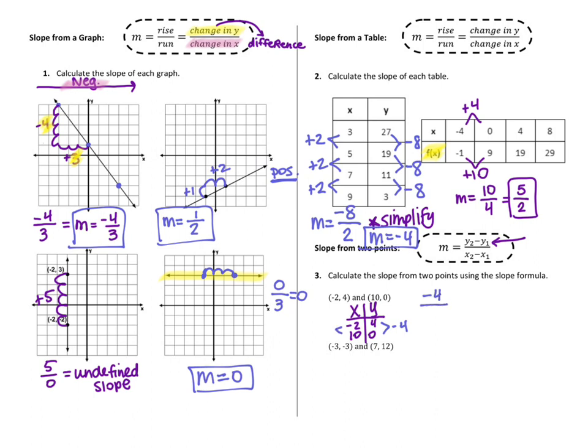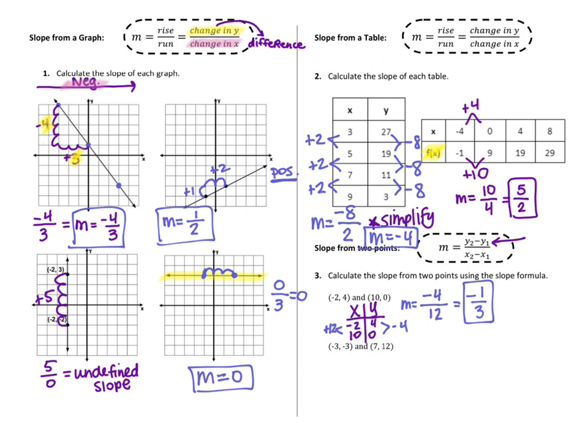And to get from negative 2 to 10, that's plus 12. And then simplifying my slope, my rise over run, that is negative 1/3, so that is my slope. Okay, you can definitely find the slope that way, even if you're given 2 points. In fact, sometimes that's the easiest thing to do if you are really good at finding the difference and how you get from 4 to 0 and negative 2 to 10.